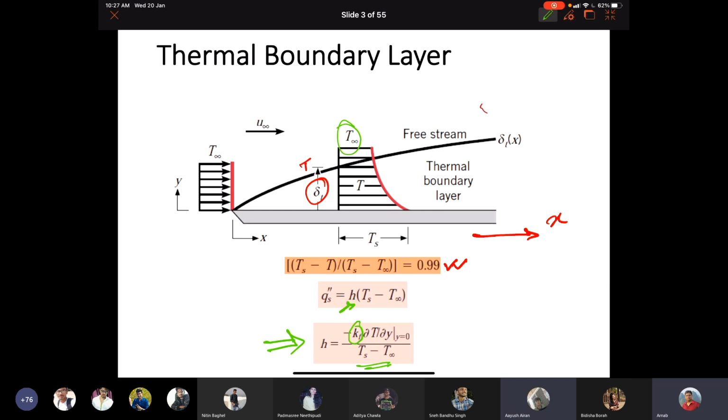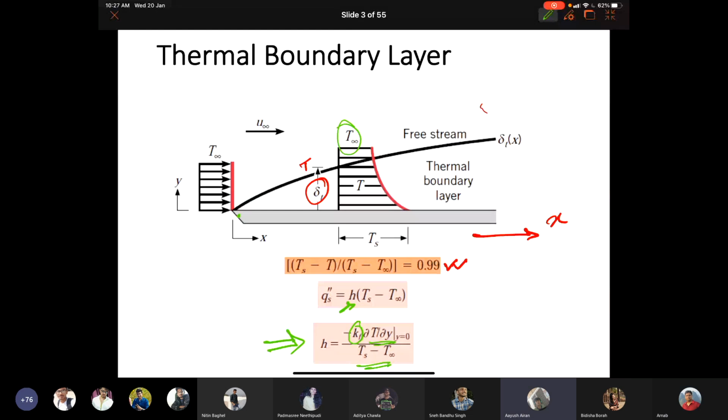But sir, the point is that it will vary with x. Because this temperature gradient decreases with increasing x. The magnitude of this del T by del Y decreases as you go away from the leading edge. Means the temperature profile changes.